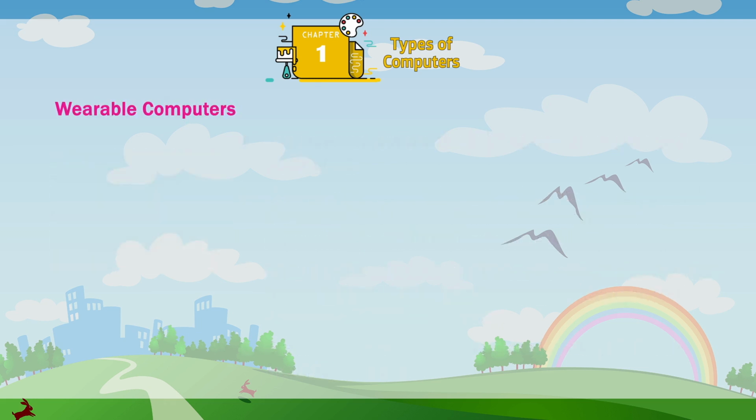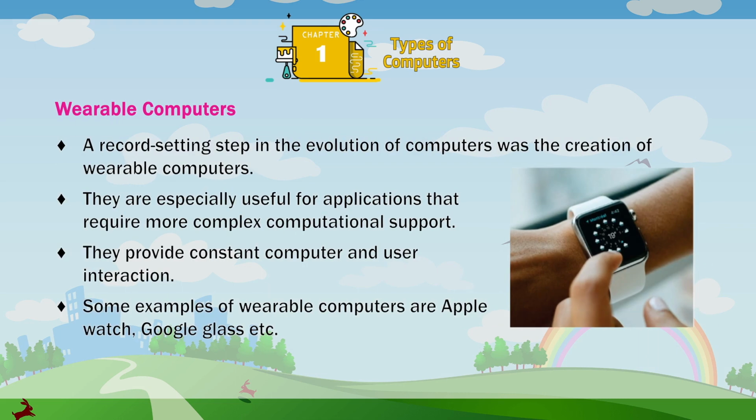Wearable computers. A record-setting step in the evolution of computers was the creation of wearable computers. They are especially used for applications that require more complex computational support. They provide constant computer and user interaction.